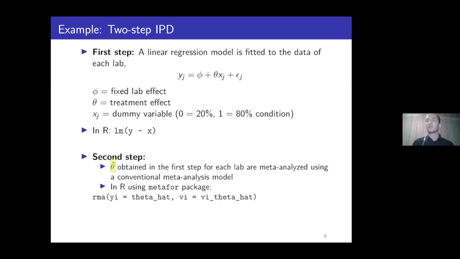This can, for instance, be done with the metafor package using the rma function, where you use as effect size these estimates of the theta hat, the estimates of the treatment effect, and you also need to know the variances, which are also available in the output of the lm function. So this is how it works for the two-step IPD meta-analysis.